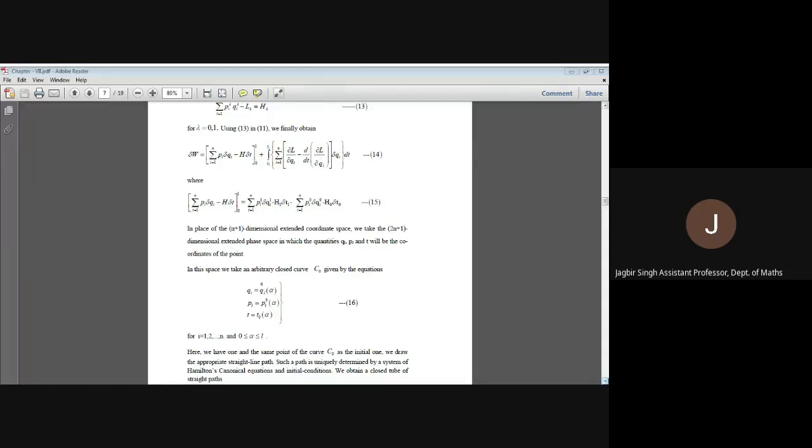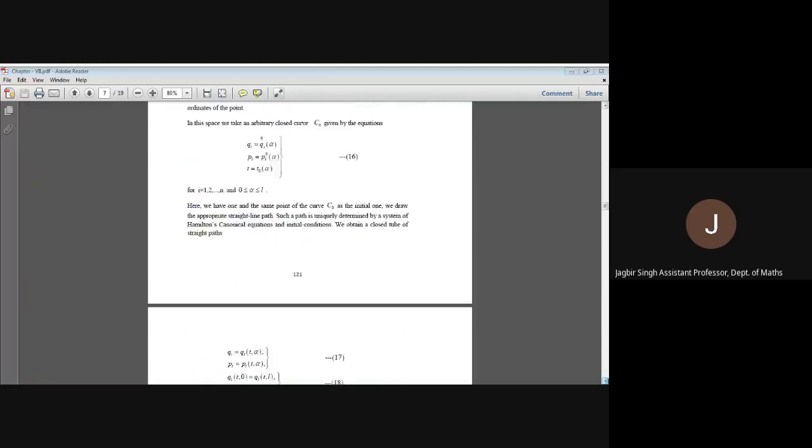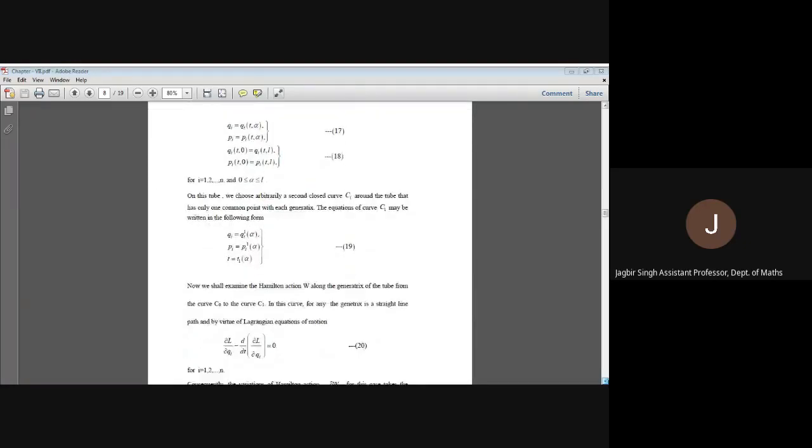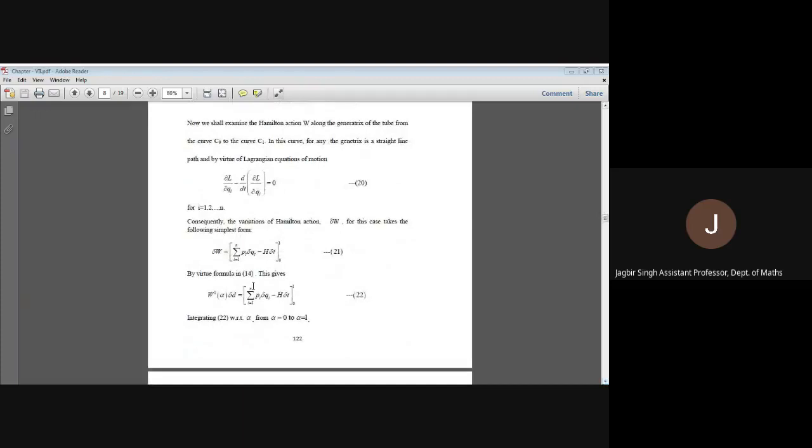So when we move from initial to final one, we will have delta W will be equal to summation i from 1 to n p_i delta q_i minus H delta t at 0, 1. And now this is the variation with respect to alpha. So writing it like W prime alpha delta alpha, means derivative of W with respect to alpha into delta alpha.